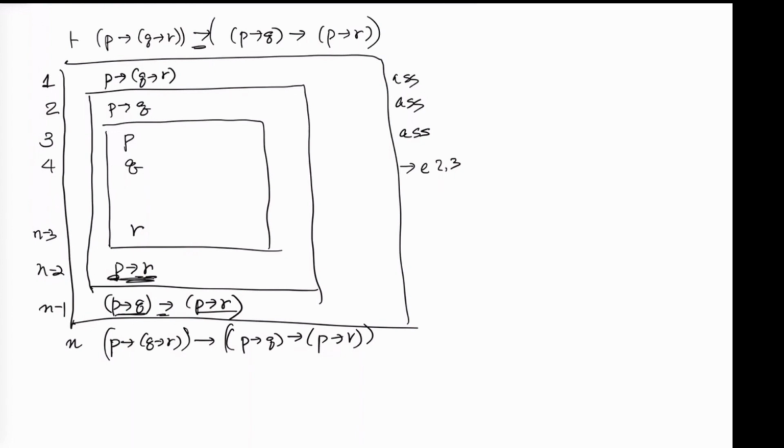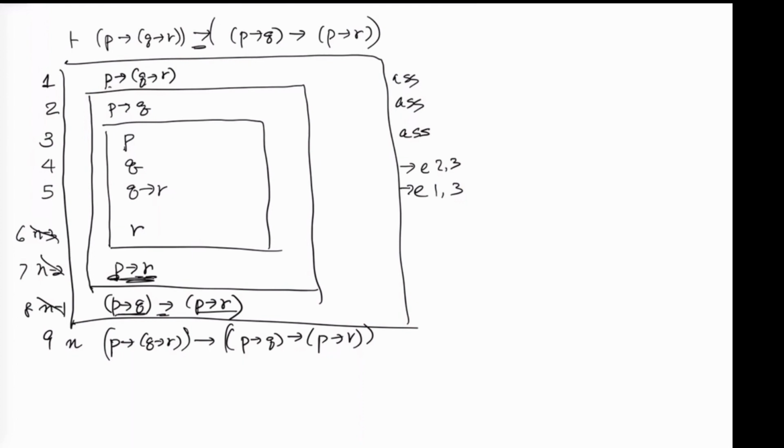So I know Q is true, and I can also derive from lines 1 and 3: I know P is true, and I also know P implies Q implies R is true, so then I can derive Q implies R, by implication elimination for lines 1 and 3. Okay, and that's it. If we know this, lines 4 and 5 will get us line N minus 3, which is actually line 6.